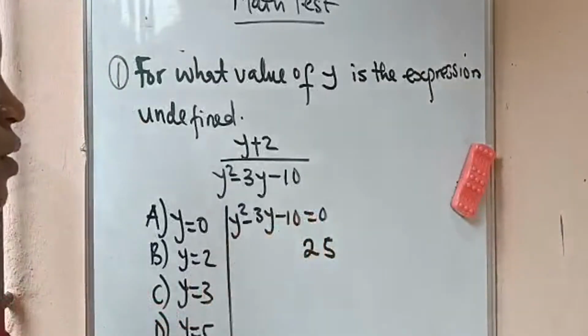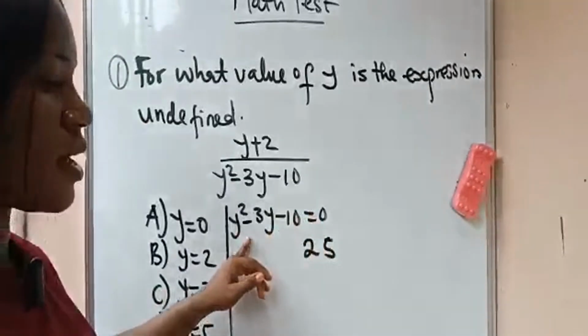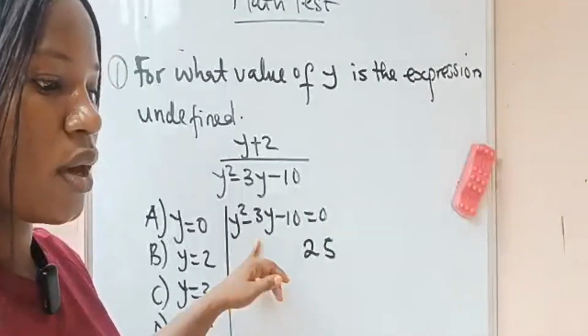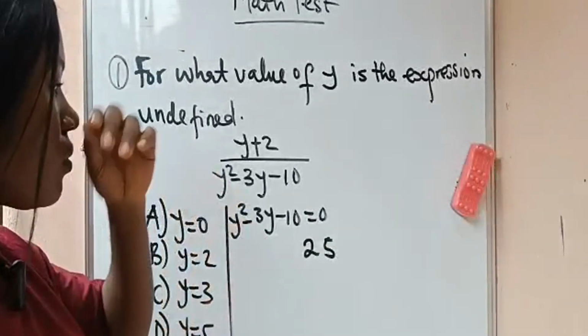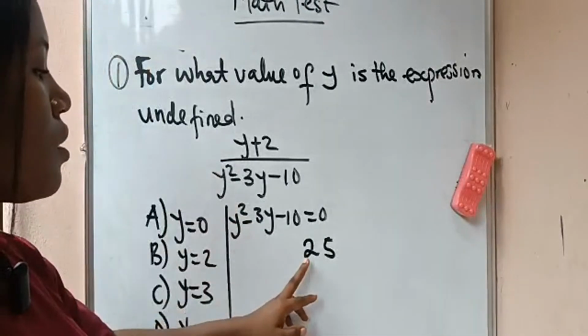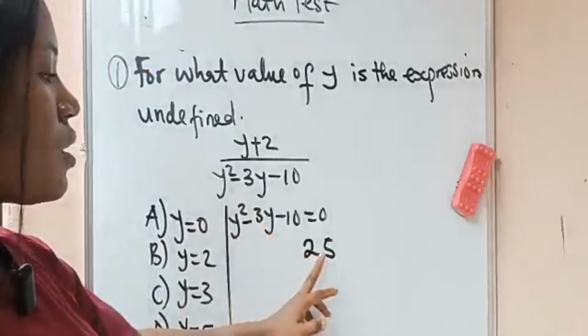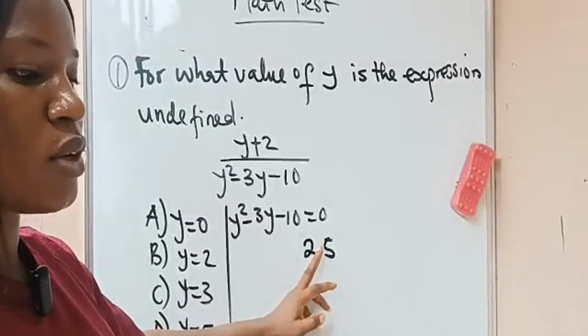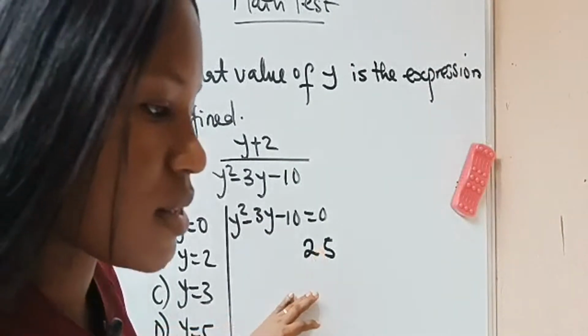Because we have negative 3, the larger number should take the negative sign.